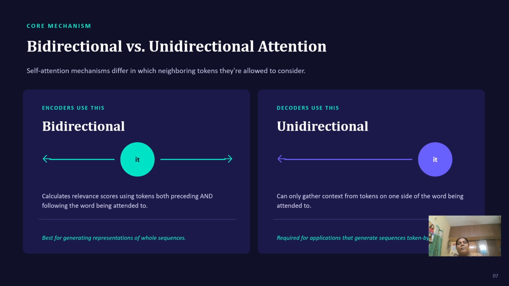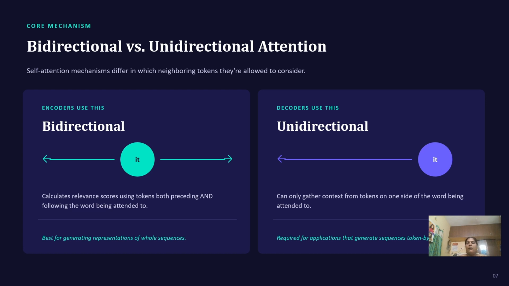So, for example, in the previous sentence we saw, when it is bidirectional, you calculate attention scores, or the relevance scores, on either side of that particular word, in both directions. And whenever it is unidirectional, you always concentrate on the tokens on one side of the word. I hope you understand.